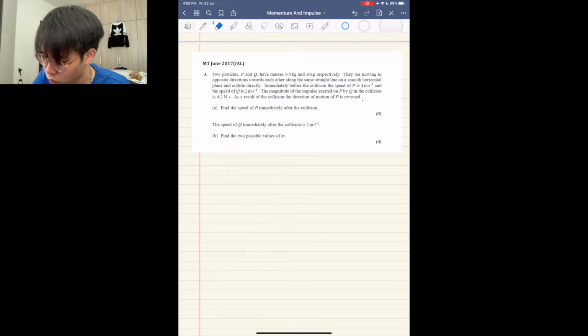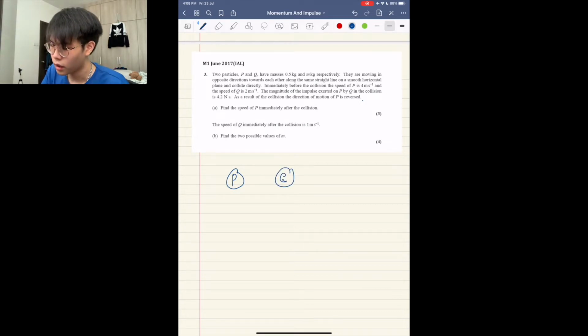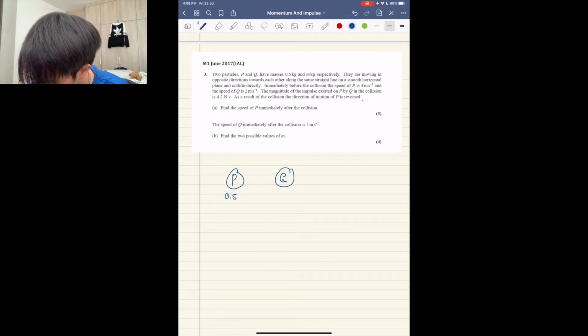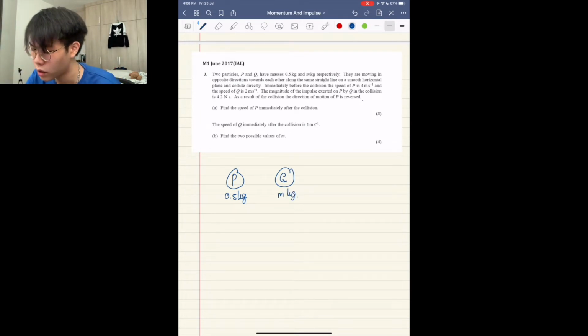First we have two particles, P and Q. P has a mass of 0.5 kilogram and Q has a mass of m kilogram, and they are moving in opposite directions. You can also underline the question, which makes it easier with the points.